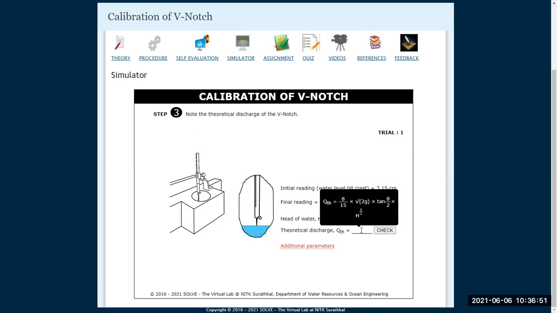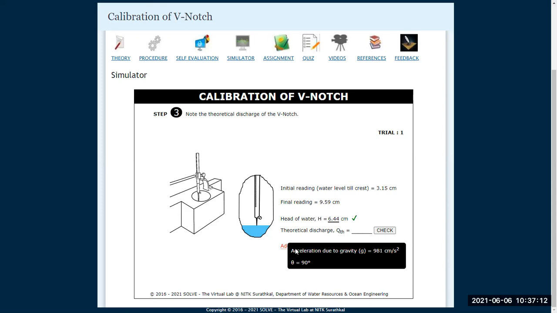It is 90 degree; you have a 90 degree V notch, and you will also get a 60 degree V notch. Here we'll just calculate the theoretical discharge, that is 8 by 15 into root 2g.